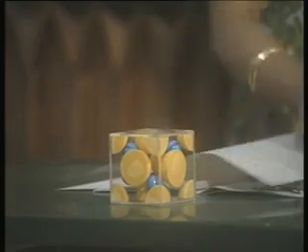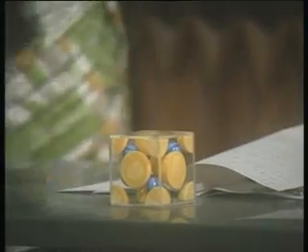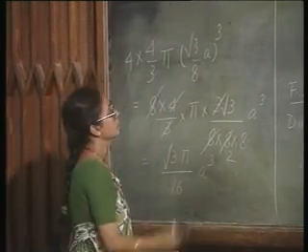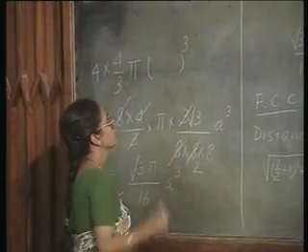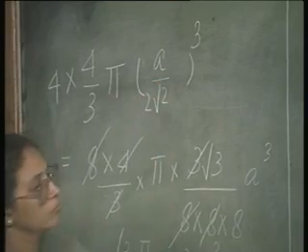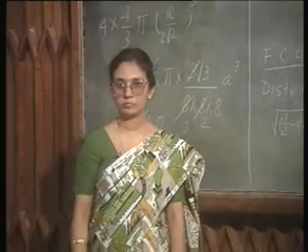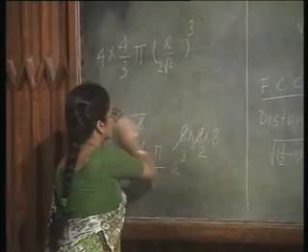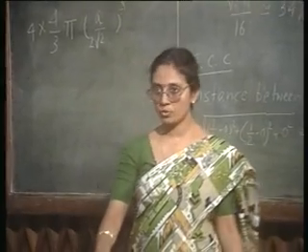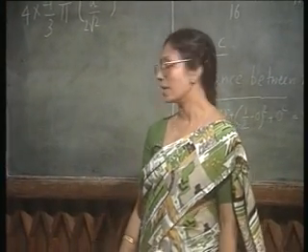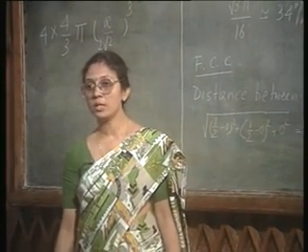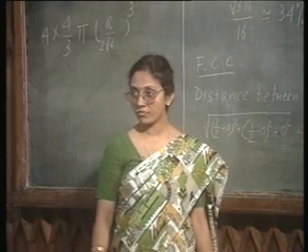So, the volume that is occupied will be: the distance between nearest neighbors is a by root 2, therefore the radius can be a by 2 root 2, and I have only 4 such spheres.